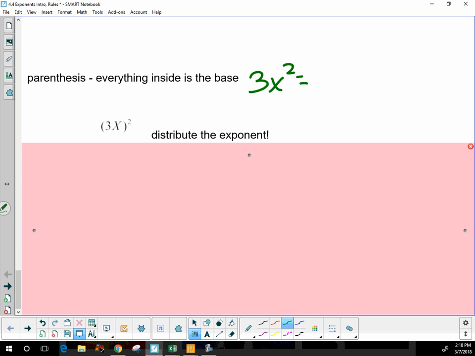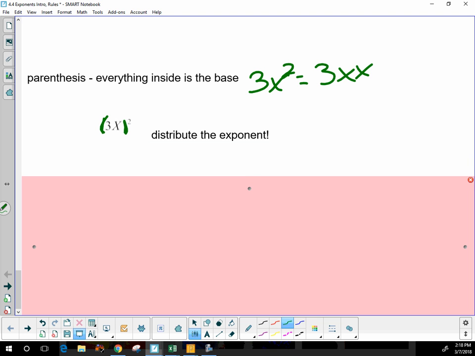And I said that's just x, because that's the only one it was kind of touching. Well, now if you look, my exponent touches this, and this is around everything. So you kind of distribute the exponent, like it's 3 squared and then x squared. That's kind of how that works.